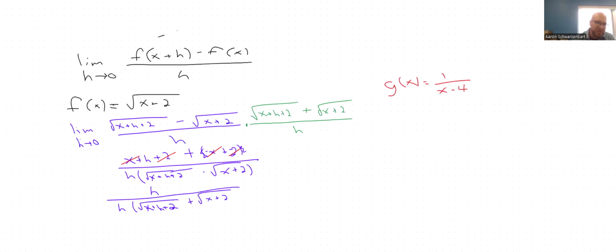And those h's will cancel. Now, this is where it gets nice. Limit as h approaches 0, the h on top and bottom are gone.